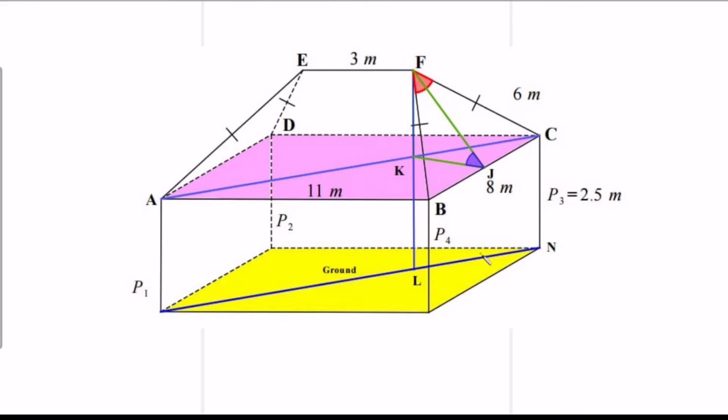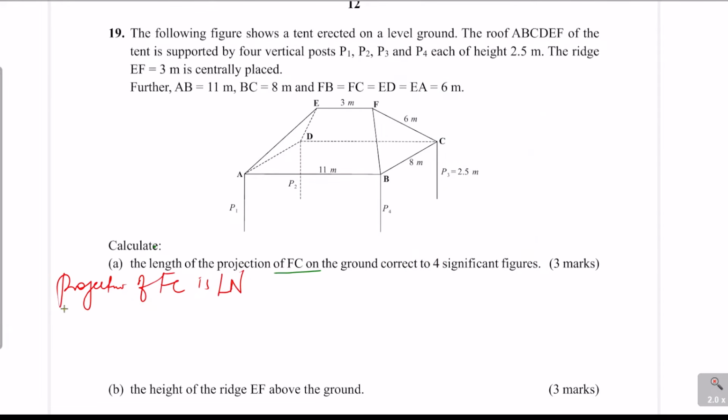So LN is CK. There's a line that I've drawn here, these are diagonals on this plane, and also the other diagonal on the other plane. So LN is equivalent to CK. That is something that you're supposed to note as well. LN is equal to CK.